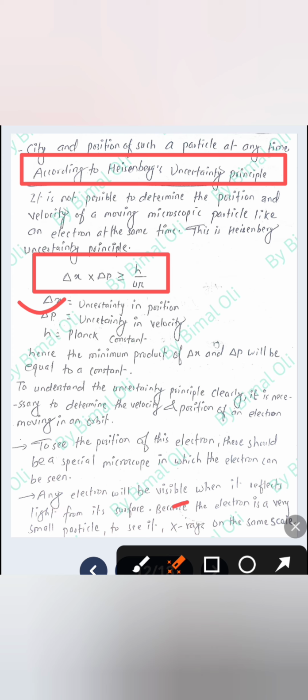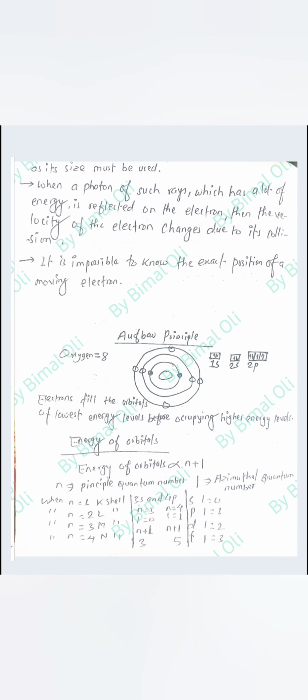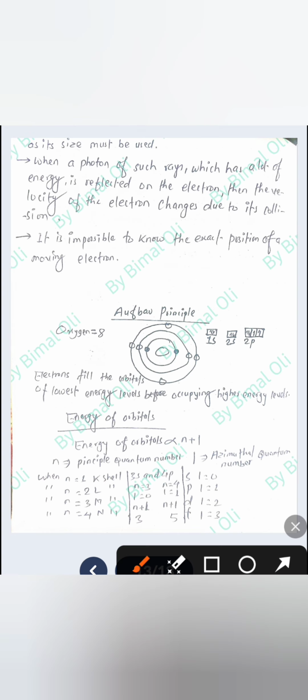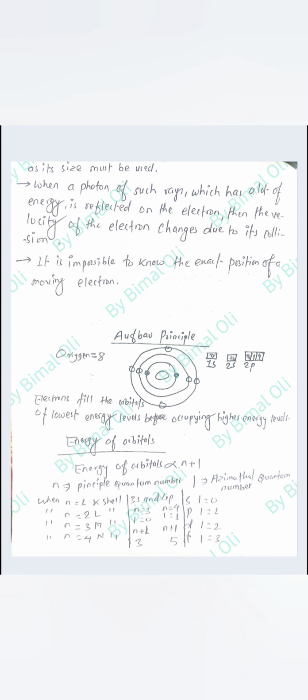Any electron will be visible when it reflects light from its surface, and because the electron is very small, to see it, X-rays on the same scale as its size must be used.